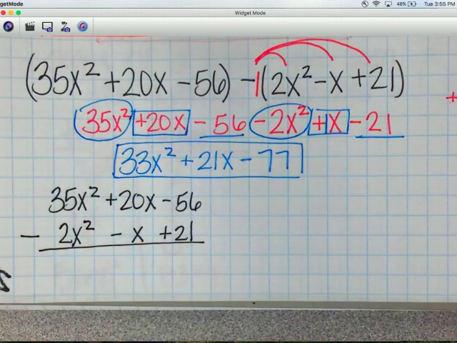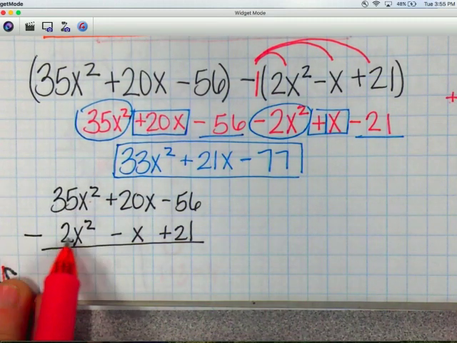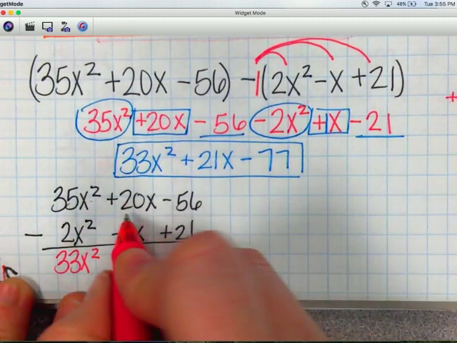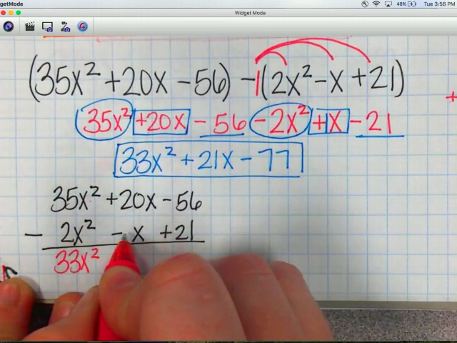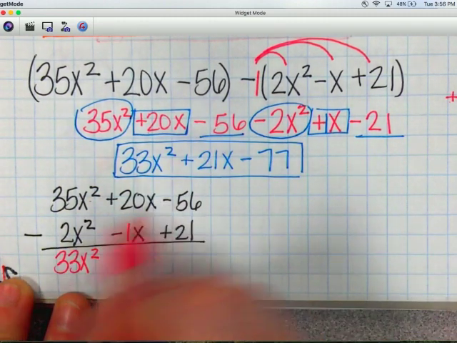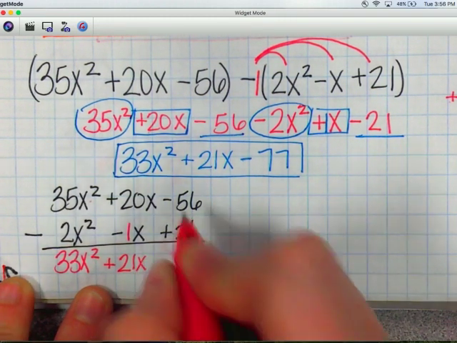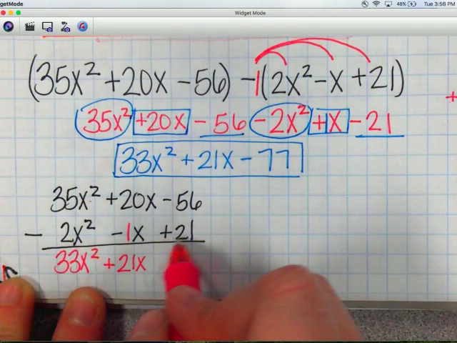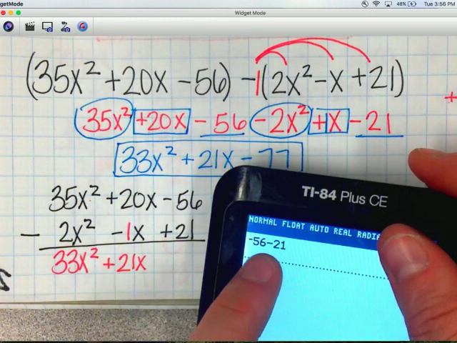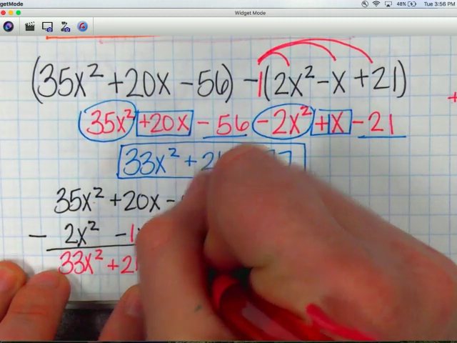So if I do 35x squared minus 2x squared, 35 minus 2 would be 33x squared. 20x minus a negative x, remember, minus a negative changes it to addition, so it'd be 20x plus x, or 1x, would be 21x. Negative 56 minus 21, that's what we did in our calculator. Negative 56 minus 21 is negative 77. So it would be negative 77.